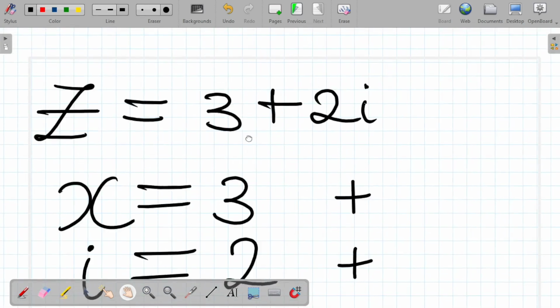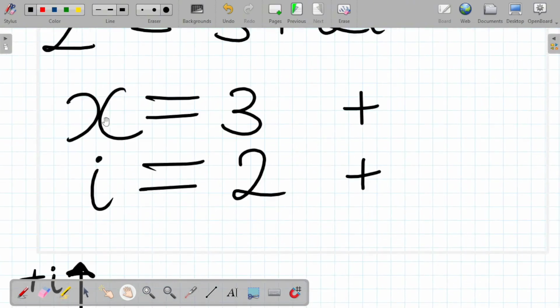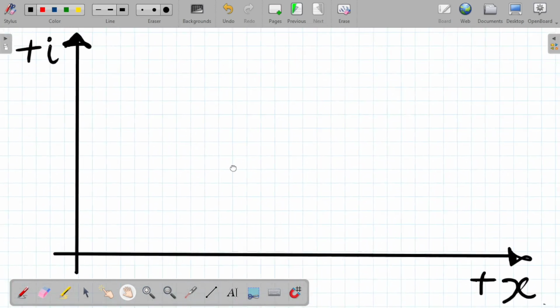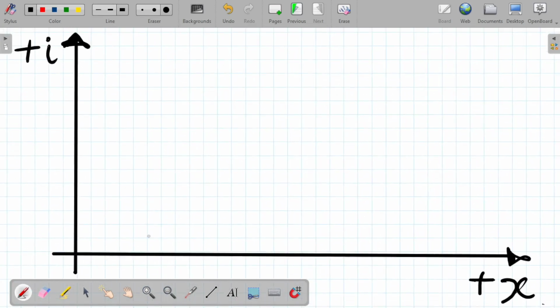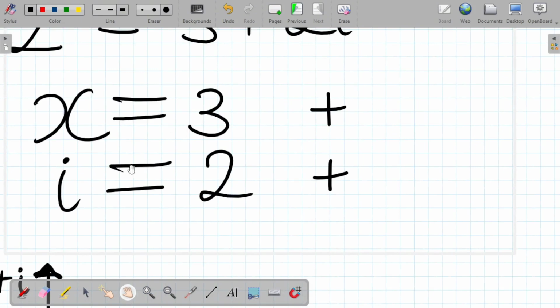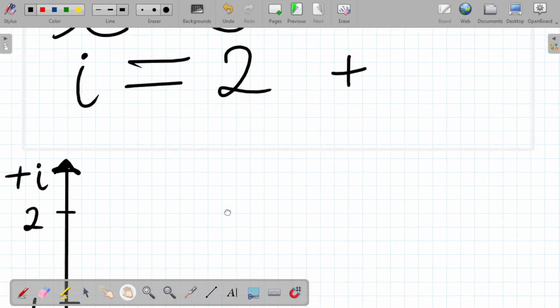Alright, so what's the value of x? The value of x is 3. You can calibrate this. So you have 1, you have 2, and then you have 3. Same thing applies there. You have 1 and you have 2. So the value of x is 3 and the value of I is 2.